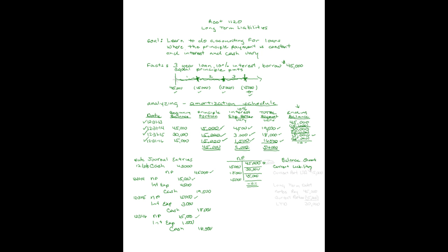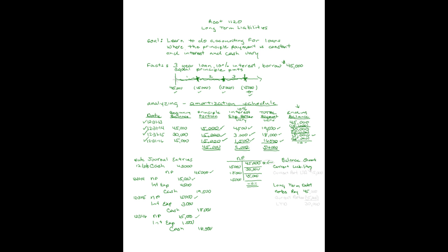And then let's look at long-term debt, because it's going to show up in both places, if you'll recall from your earlier accounting class. So we're looking at our balance sheet at this point in time. We have a notes payable in the amount of $45,000.